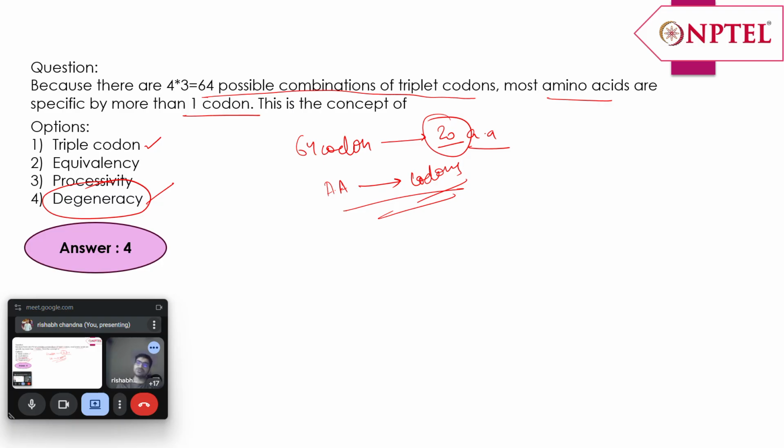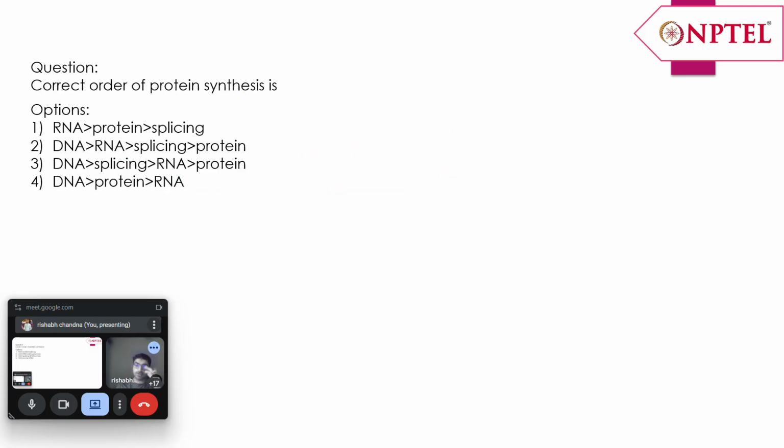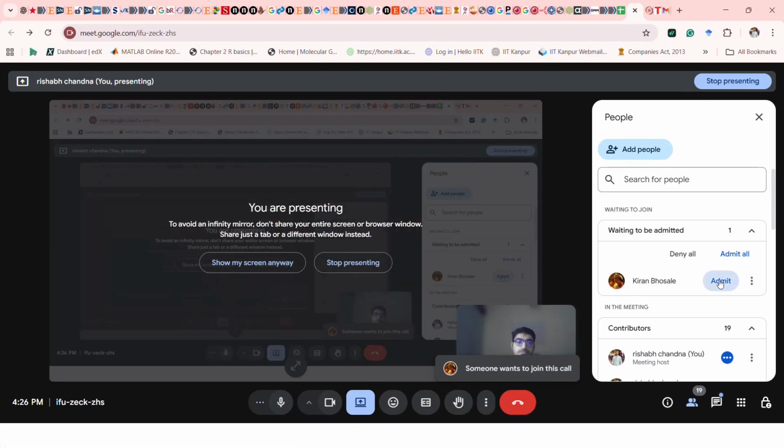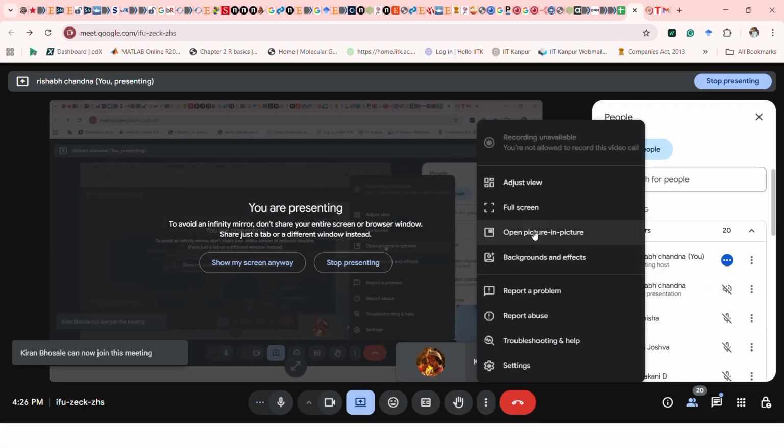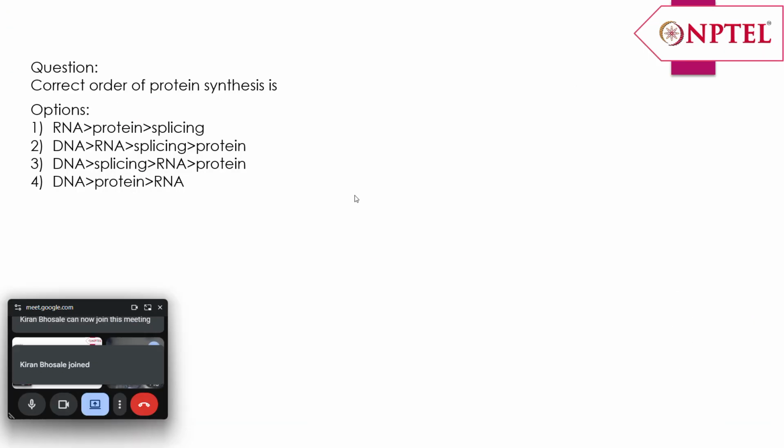Okay, so let's move on to the next question. Correct order of protein synthesis is. So what can be the correct answer? Okay. So the correct answer is option 2.